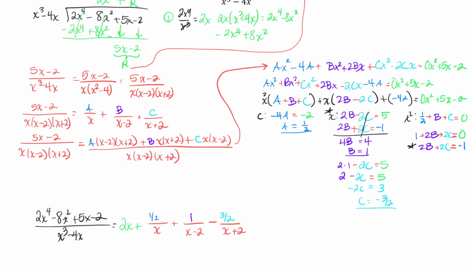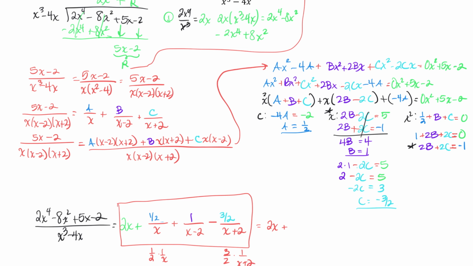And while this is technically the correct answer, a lot of times you'll be asked to simplify this into 2x plus, and this would be a 1 half times a 1 over x, and this would be a 3 halves times a 1 over x plus 2.